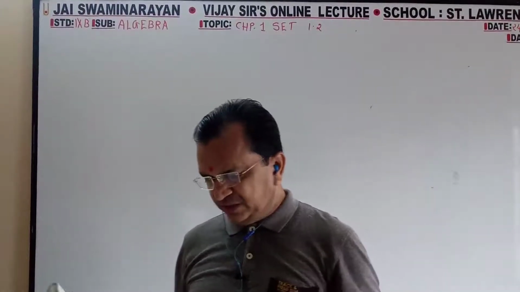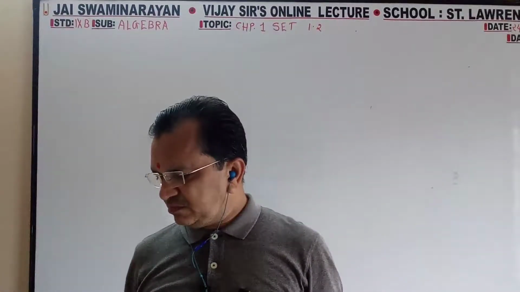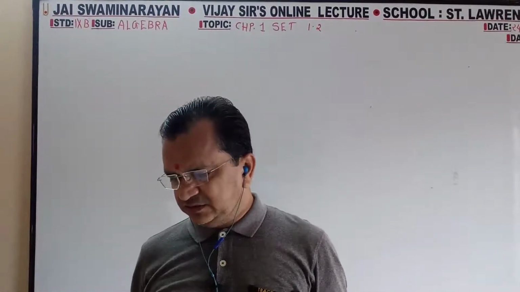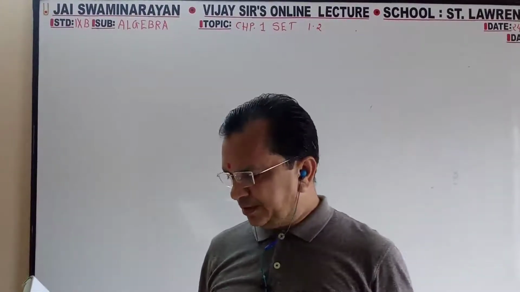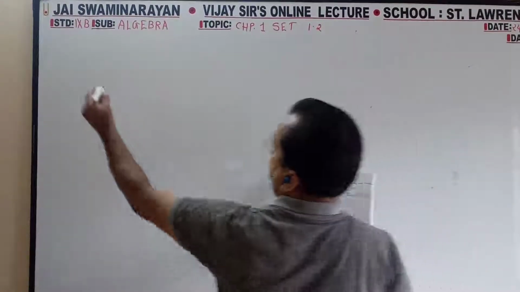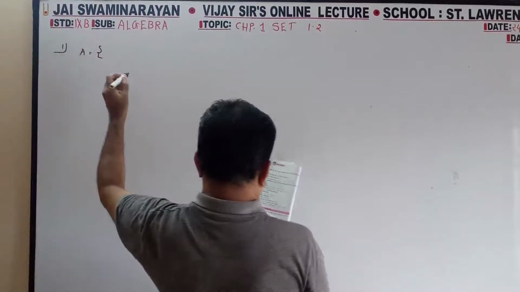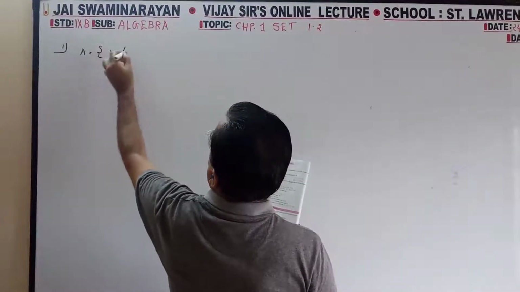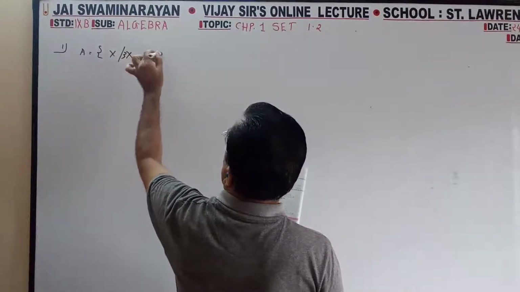Decide from the following which are sets and justify your answer. So in the first, A is given: x such that 3x minus 1 is equal to 2.